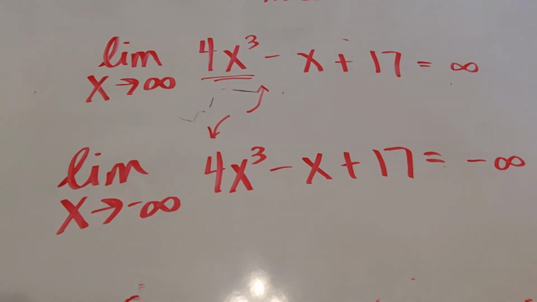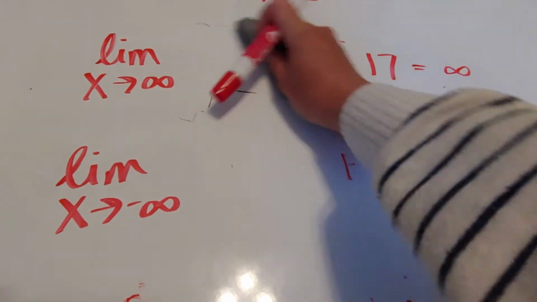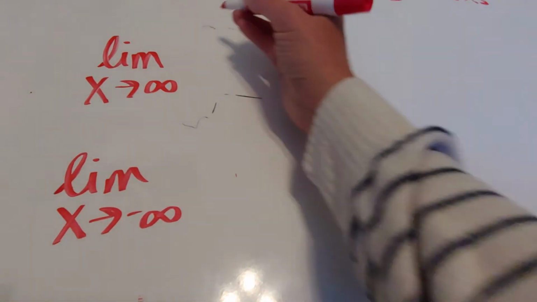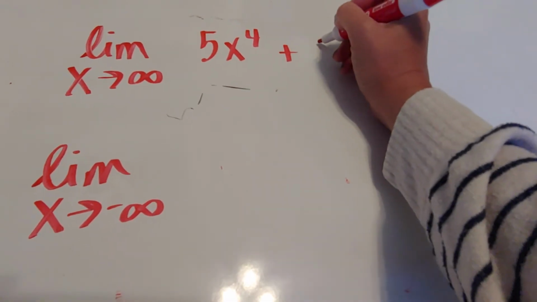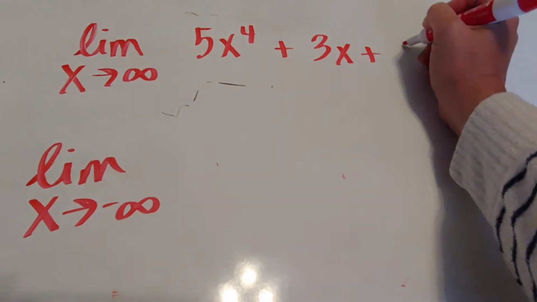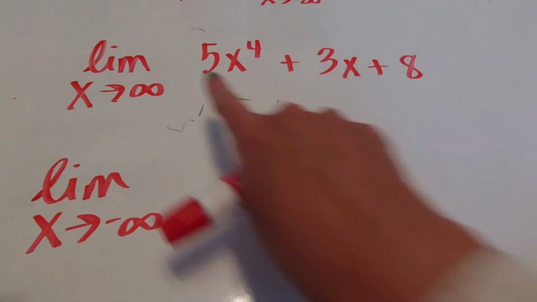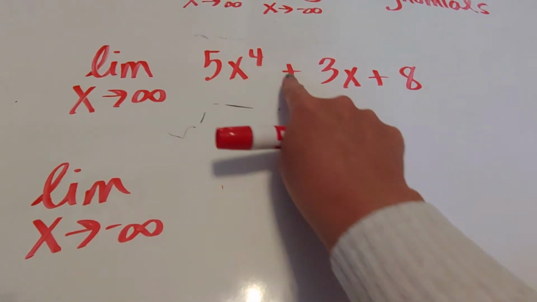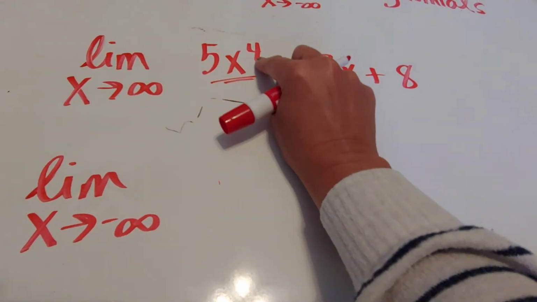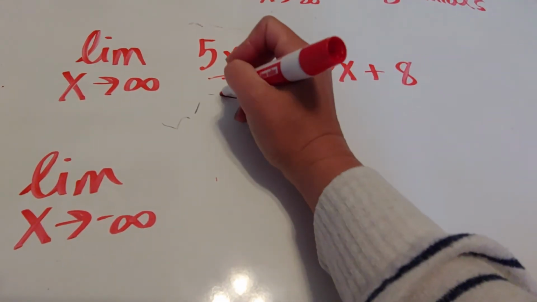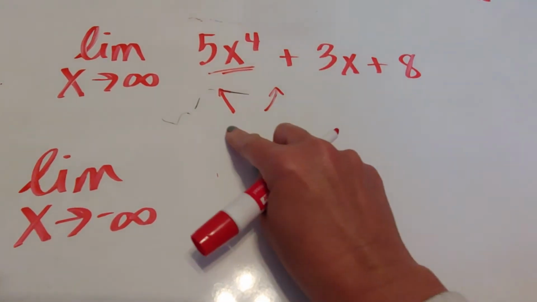Okay, what if we did an even? So what if I was asked to find the limit as x goes to infinity of 5x to the 4th plus 3x plus 8? Okay, because that leading term is even and it's positive, I know the ends go up, up.